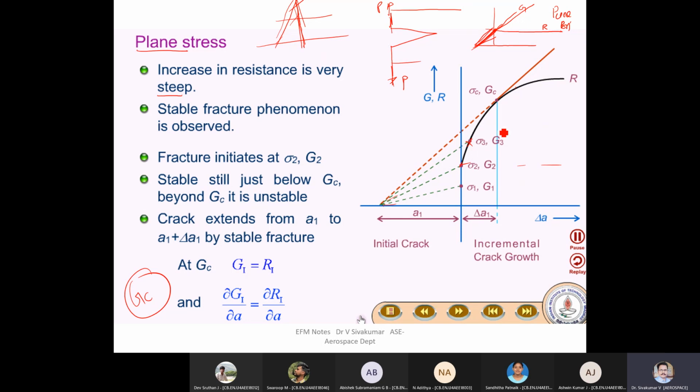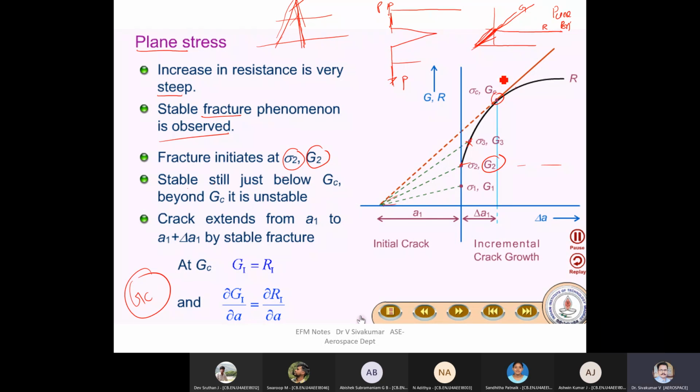This phenomenon is called stable fracture. What do you mean by stable fracture? It is giving different R values. You can see here, for sigma 2, fracture initiated at G2, which is stable, still just below GC.